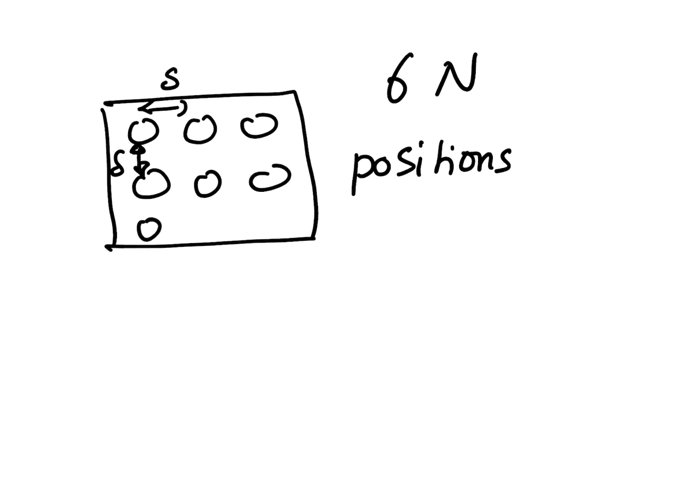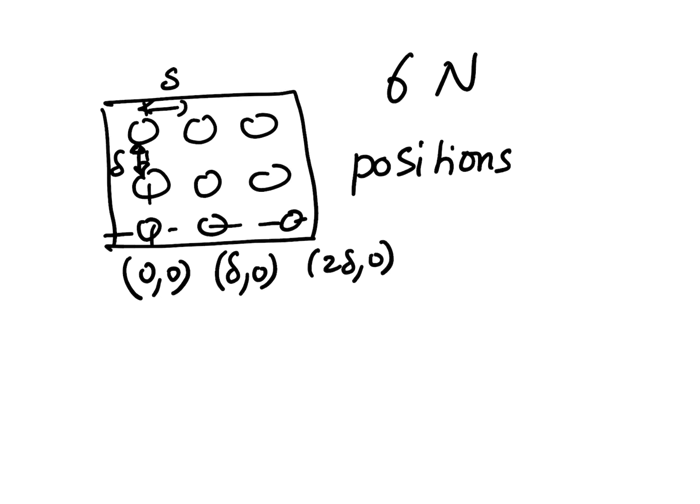If I say that the starting position is, let's say, 0, 0, 0, you can quickly write what are all the positions of the next atoms, like delta, 0, 0, 2 delta, 0, 0, 0, delta, 0, and so on.